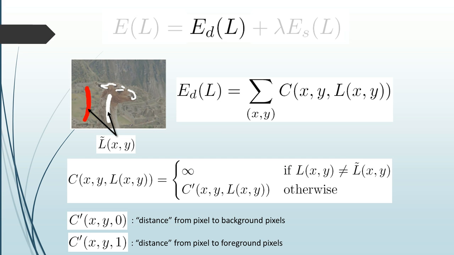The distance can be infinity when the label is not the same as the one that was already defined by the user, or it can be the other value if it's the one that the user defined. This is usually computed by creating a color model from the user-labeled pixels, as I mentioned before.